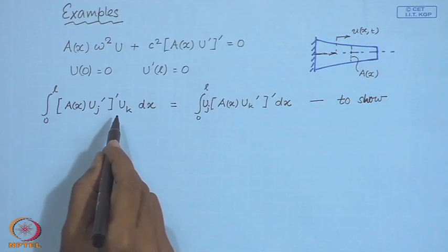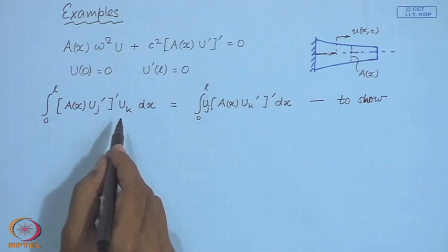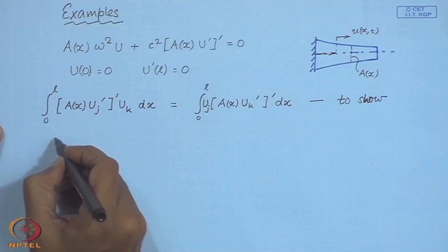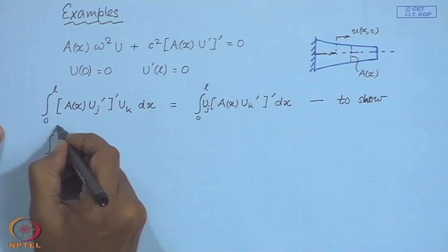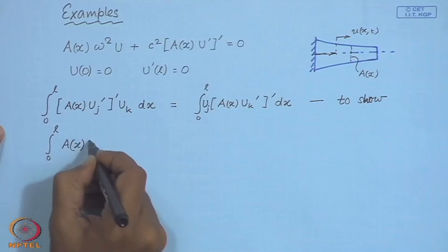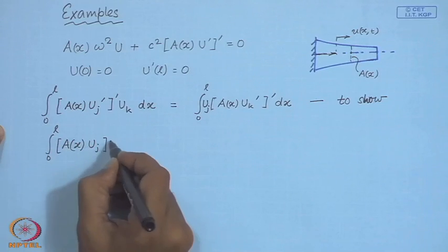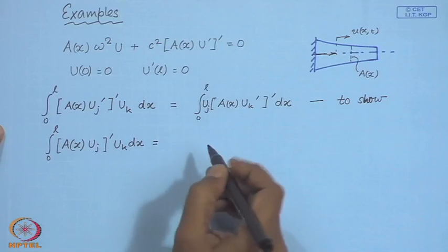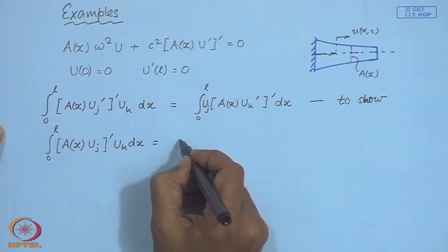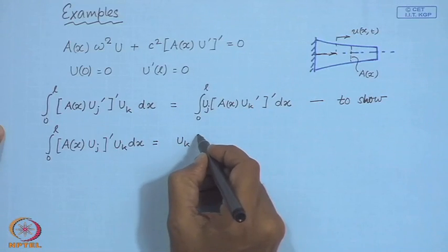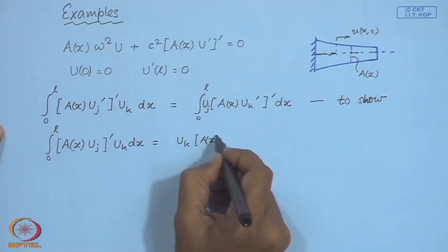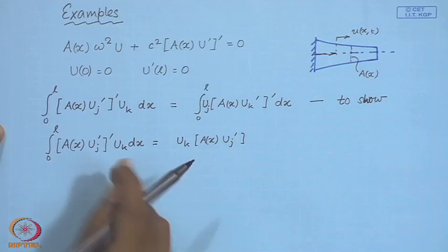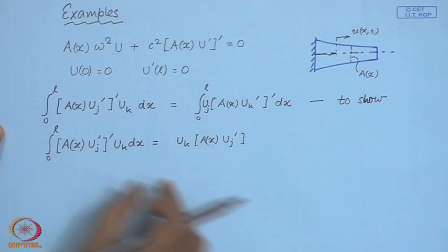So, we start integrating by parts, let us say from the left hand side. We take this as the first function and this as the second function.